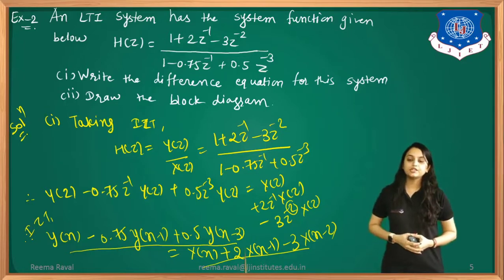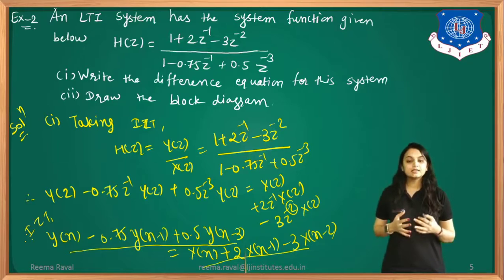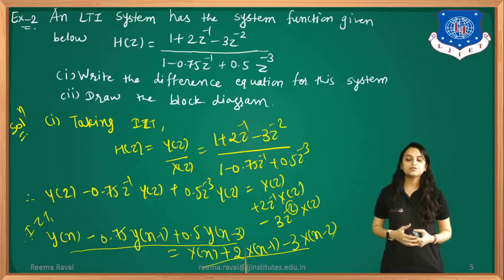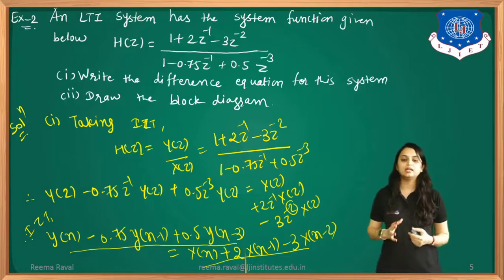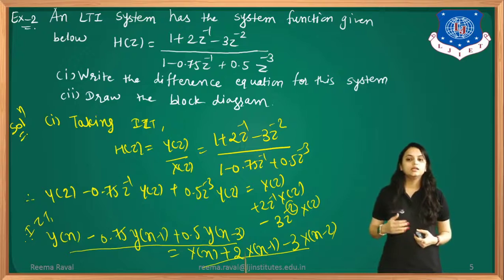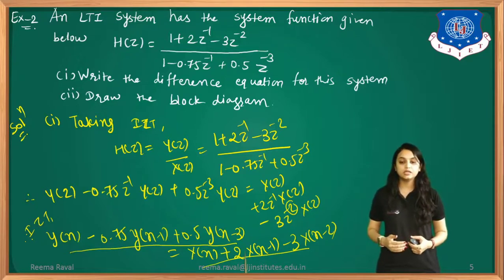The first question is to write down the difference equation for the system, and the second is to draw the block diagram. Okay? Here direct form 1 and direct form 2 is not mentioned, so we can explain it using any one of them. First of all, let us take the inverse Z transform, because we need to find the difference equation for this.